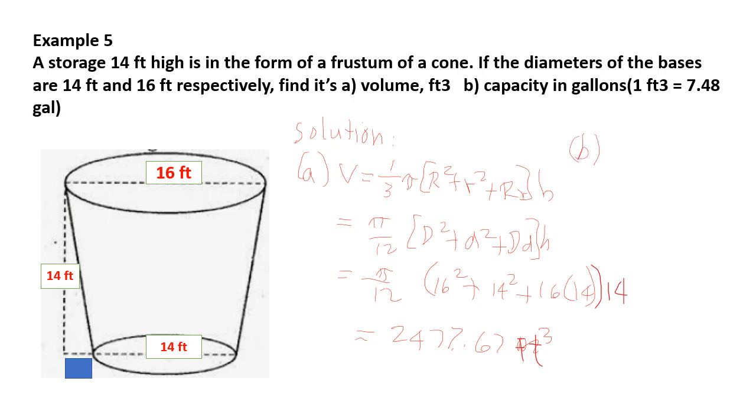For the letter B, gallons equals 2477 times 7.48, so equivalent to 18,527.98 gallons.